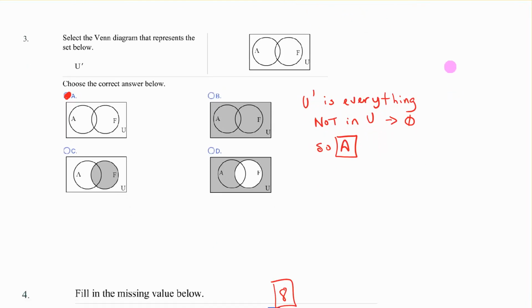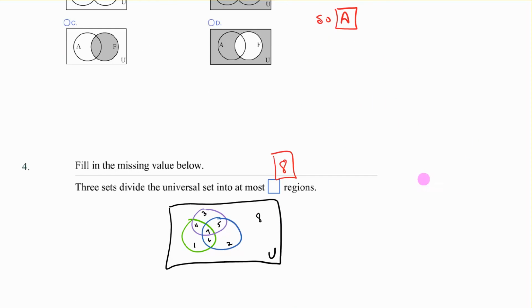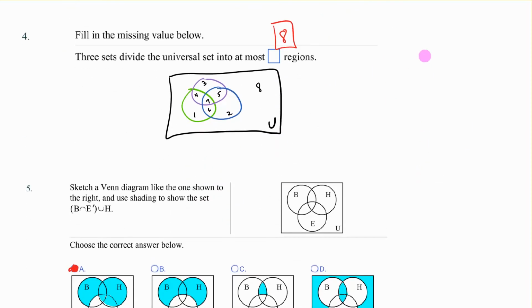U prime. Okay, if the universe, if you will, is there, U prime is everything not in U, which is the empty set. So A would indicate the empty set. Nothing is shaded. Three sets divide the universal set into at most how many regions?